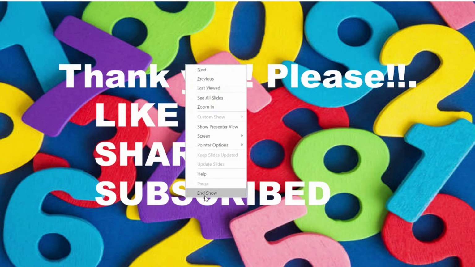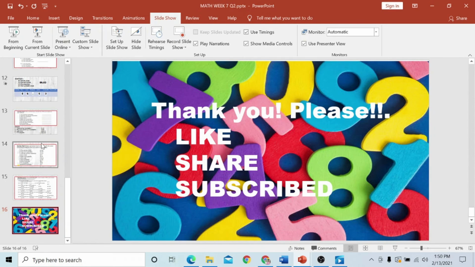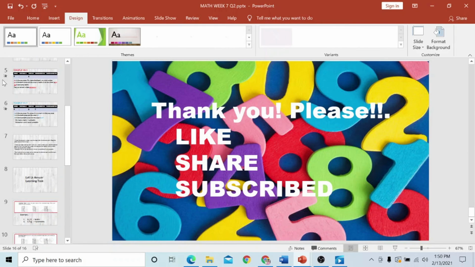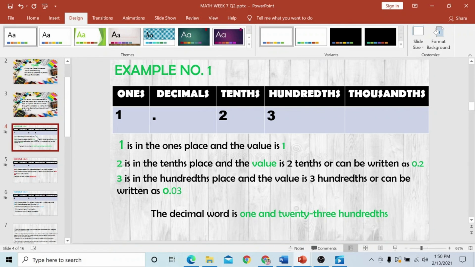Okay, so that's all for our topic for this week. I hope naintindihan. Balikan nyo na lamang itong mga example. Ayan. So, ones, decimal, tenths. Gagawa lang kayo niyan para matandaan nyo yung mga place value. Gagawa kayo ng table. Basta tatandaan po, after ng decimal, yung tenths, hundredths, and thousandths.